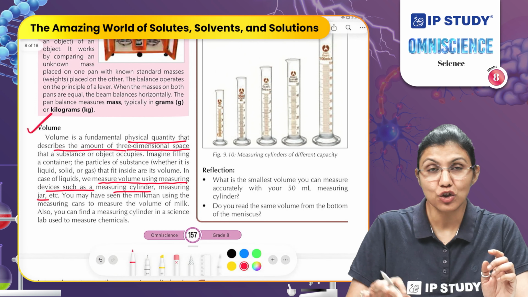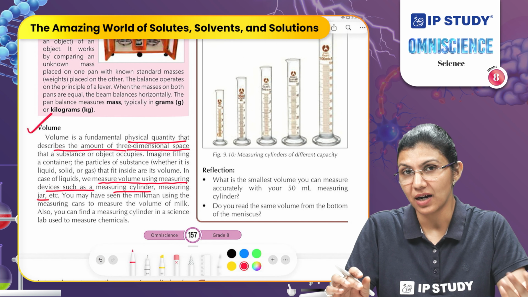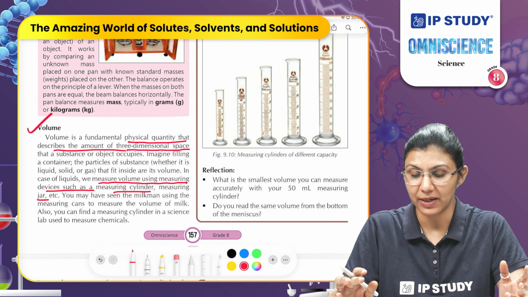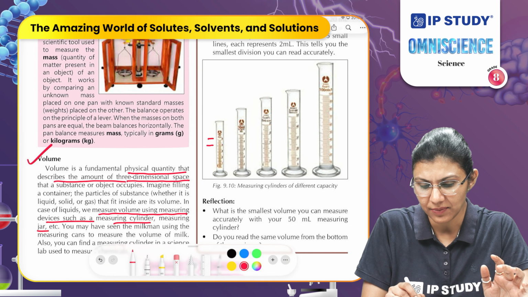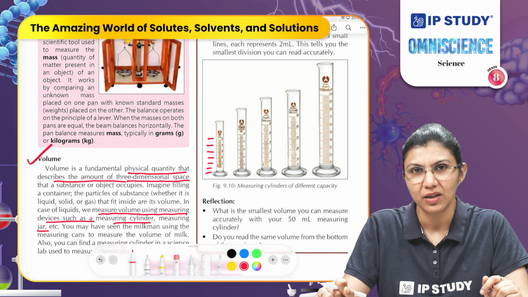So, we can choose measuring cylinders and measuring jars based on their capacity, and these are marked as the calibration on these devices. These calibrations define the volume of any liquid held by that jar or cylinder.